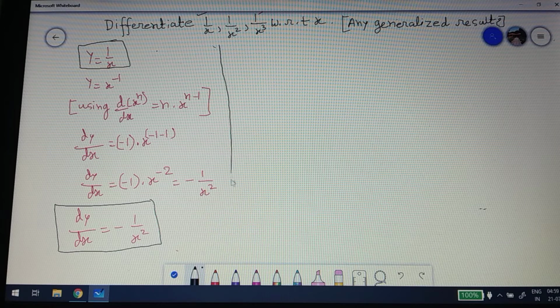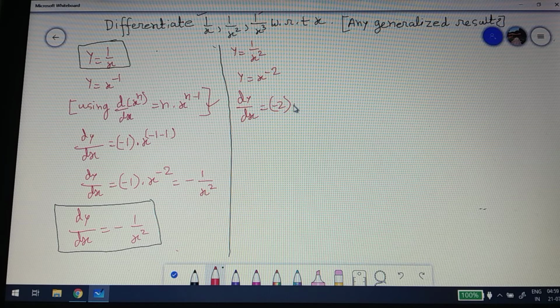Let us take the next one. Here y equal to 1 upon x square, so y equal to x to the power minus 2. Using this same formula, dy by dx will be minus 2 into x to the power minus 2 minus 1.